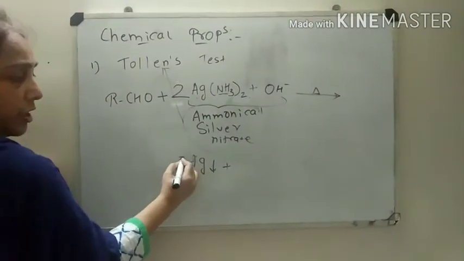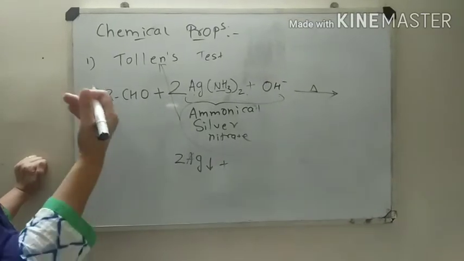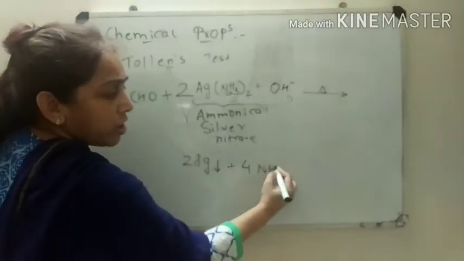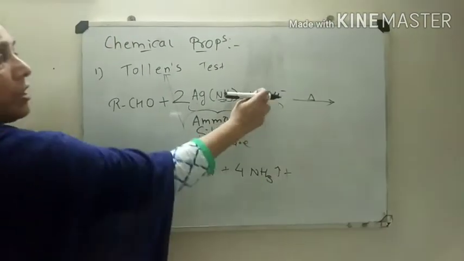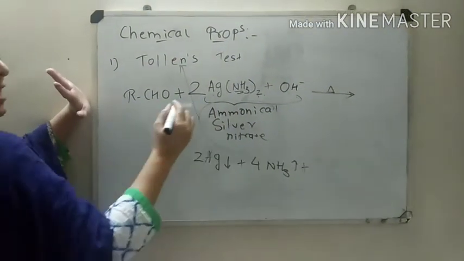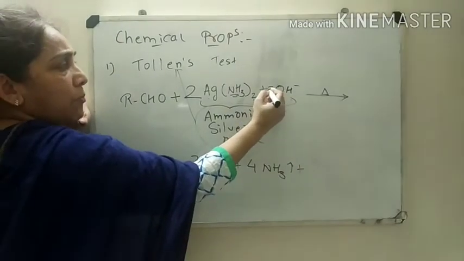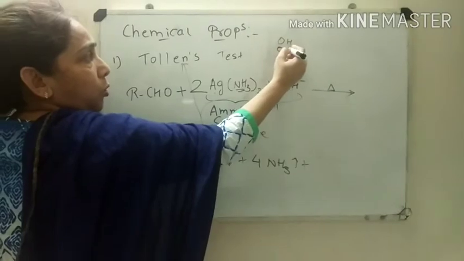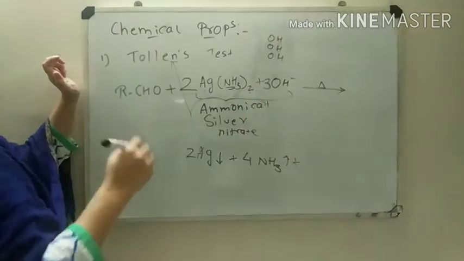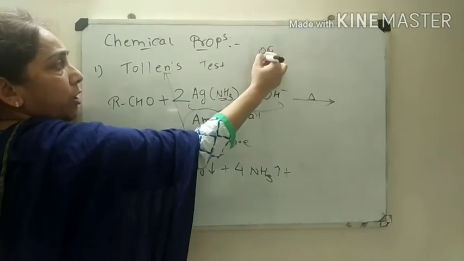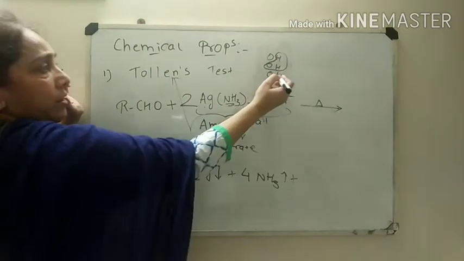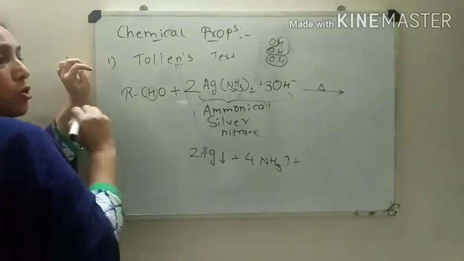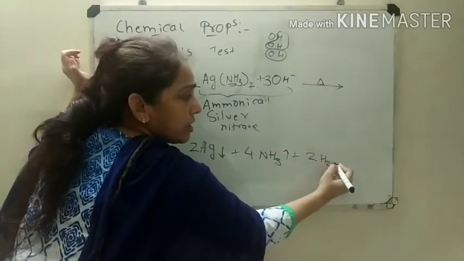So 2 Ag is given out, NH3 becomes 4, so 4 molecules of ammonia gas are given out. Now we have to balance this OH. We have to make this OH 3 molecules. If we make this 3 molecules, how many molecules of water are given out? This OH combines with this hydrogen to form 2 water molecules.